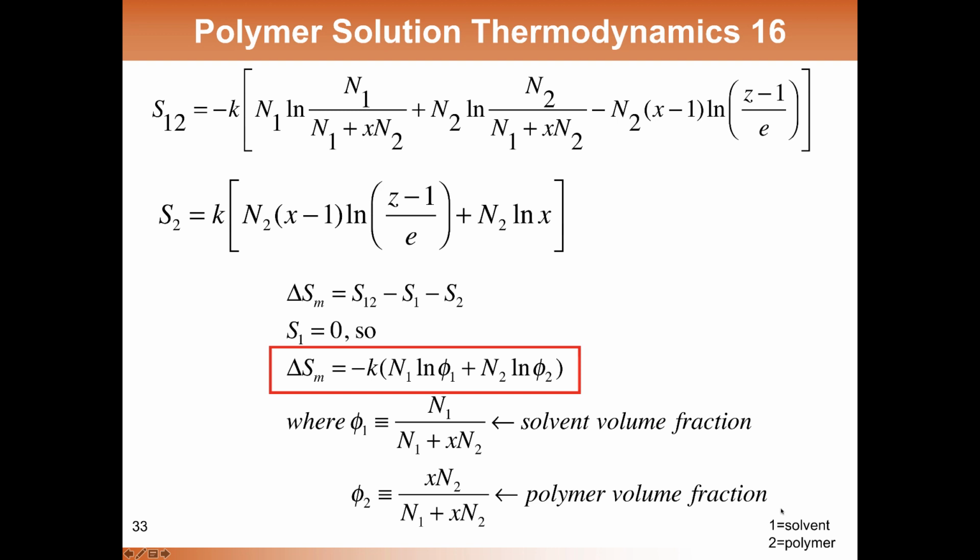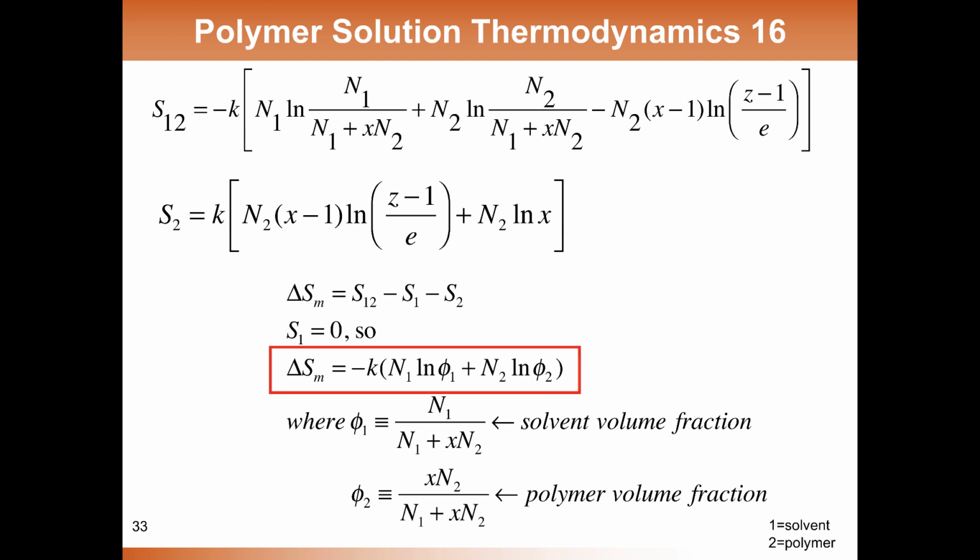Now, if X, that is the number of degrees of polymerization in the polymer, were equal to 1, then this would be the number of solvent molecules divided by the number of solvent molecules plus the number of polymer segments. It would just be the mole fraction of solvent, and that would be exactly the same as we got for the ideal solution theory.